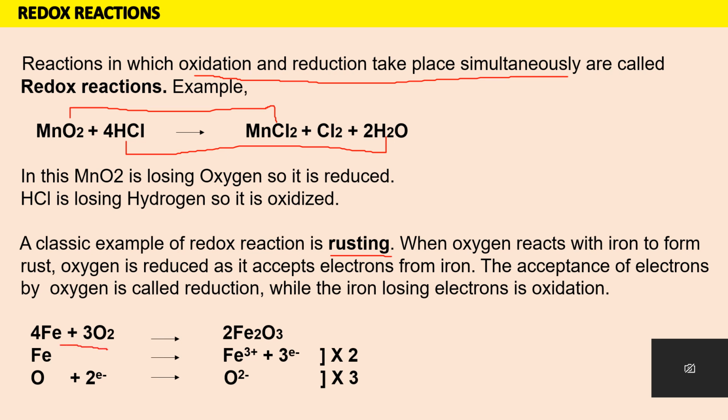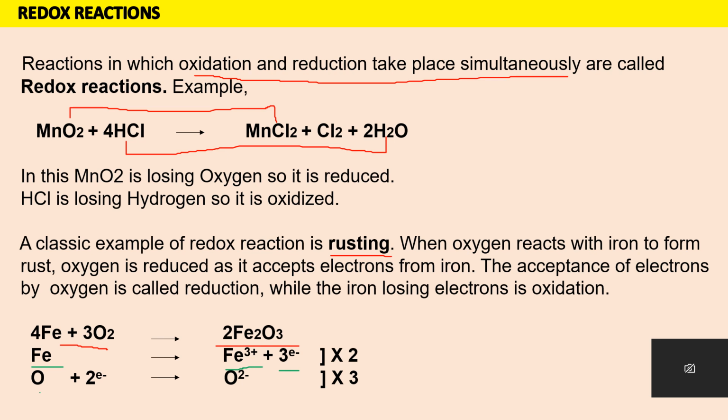The reaction looks like simple oxidation of iron. What happens to oxygen? To understand this, let us study the electronic concept behind the reaction. A single atom of iron, after losing its 3 electrons, gains 3 positive charges on its atom.